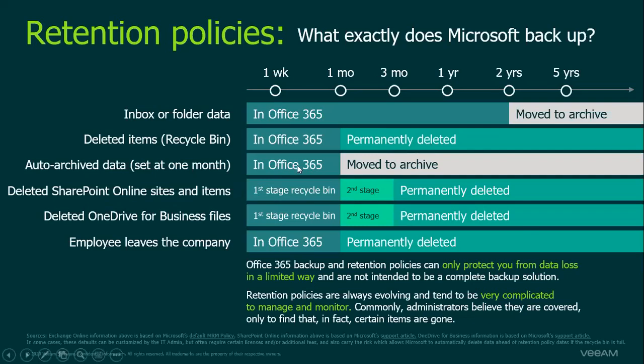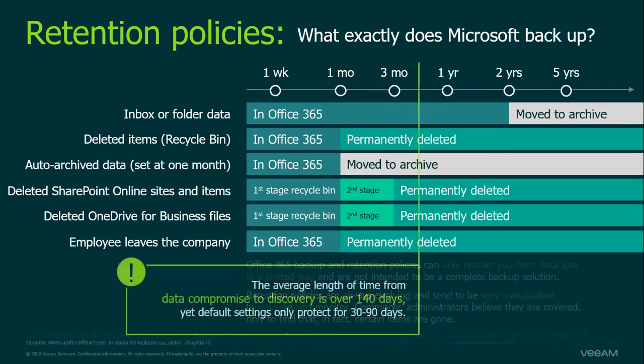If you put a policy of auto archive, you can set a policy after 1 month it can move to archive. If it is SharePoint, etc., these are the default policies which you can create in Office 365, right? But what about when you want the data after 3 months, right?